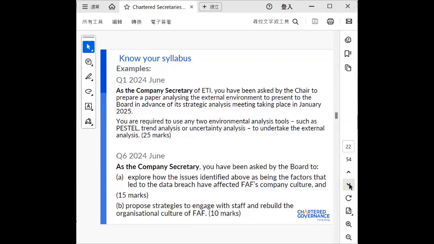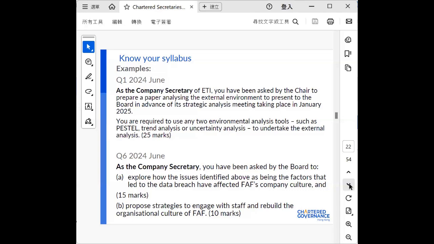Maybe in the traditional strategy module, they focus more on the competitive advantage, market positioning, or financial performance. Whereas in this module, the focus is more on the governance-centric strategic alignment with the organizational purpose, risk, and accountability. So you should see some differences in the emphasis.